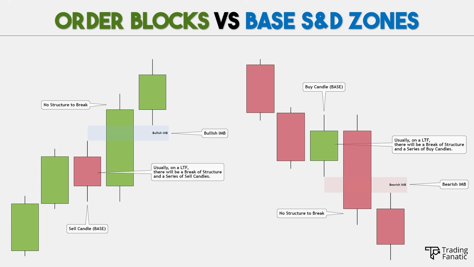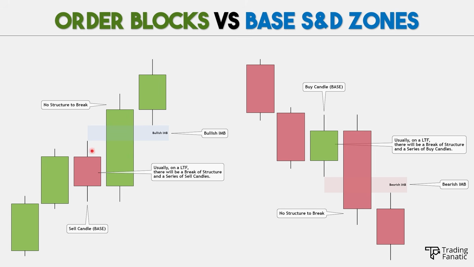Now, what is the very key difference between an order block and these base zones is that the base zones usually do not break structure. You're just having a push up, and then you're just having 1 sell candle, which is what I call a base candle, and then the market continues to push above it, printing an imbalance. Now again, an imbalance is always needed, okay?